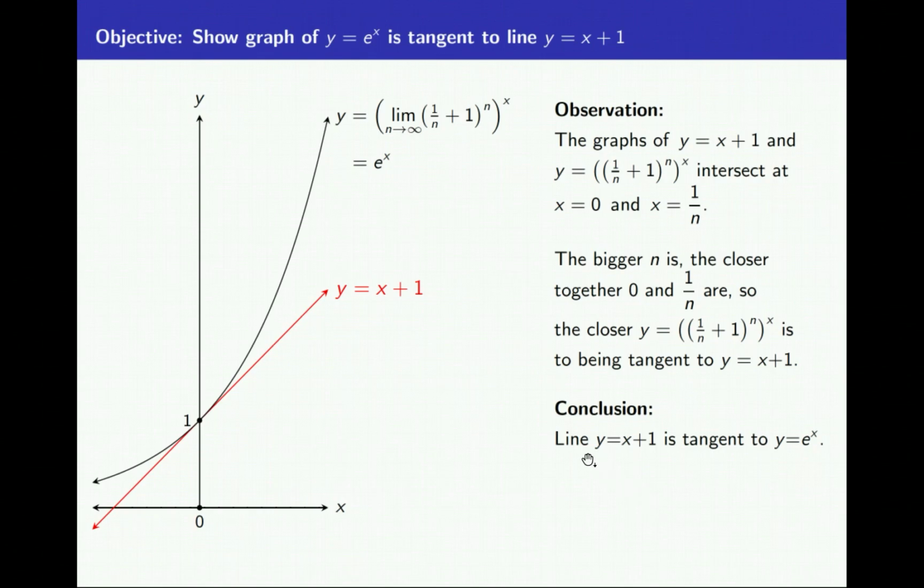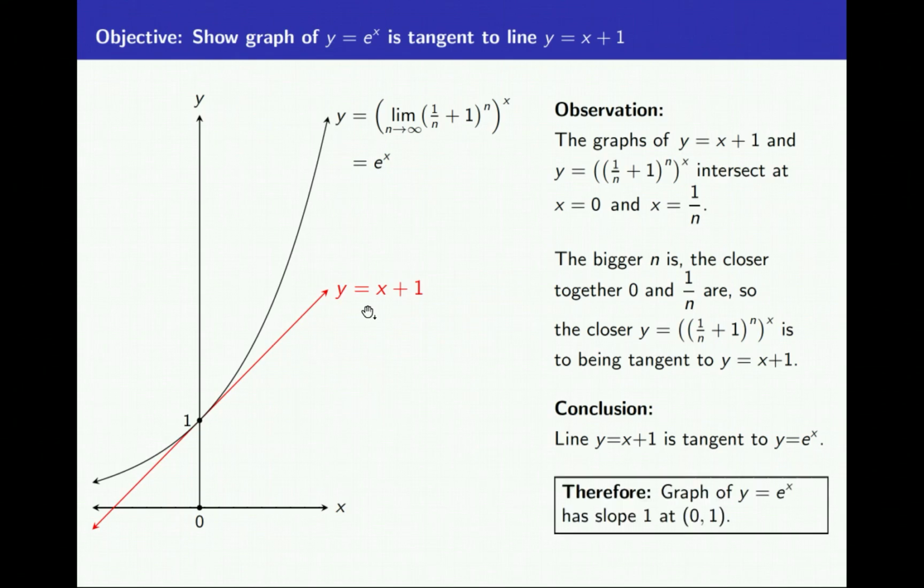So that was one of our goals. In fact, what we get from this is that if y equals e to the x is tangent to this line y equals x plus 1, which has slope 1, then the slope of the tangent line to e to the power of x at the point x equals 0 would be the slope of this red line, which is 1.